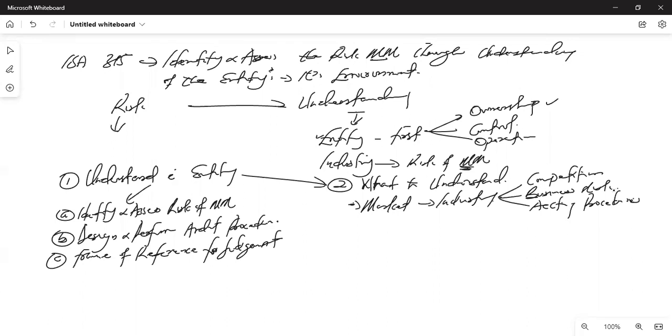You need to understand how estimates are derived in that industry. You need to understand all those things. You need to understand the technology used in the industry. Yes. Any question?